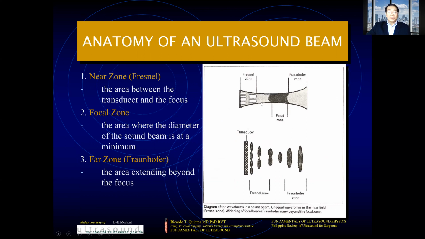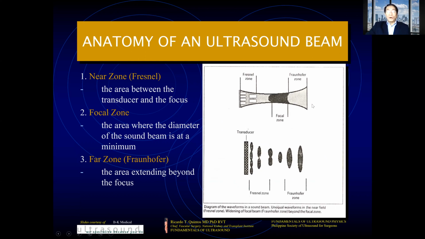This near zone, or what we call the Fresnel zone, is the area between the transducer and the focal zone. The focal zone is where the diameter of the sound beam is at a minimum, and that is where there is a very, very clear resolution. And the far zone is the area extending beyond the focus.